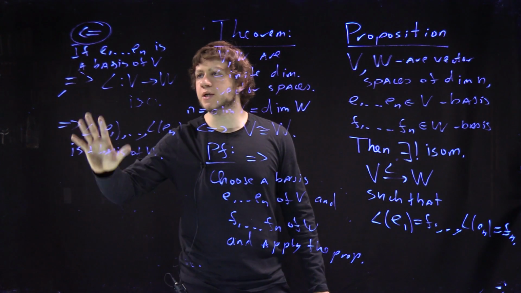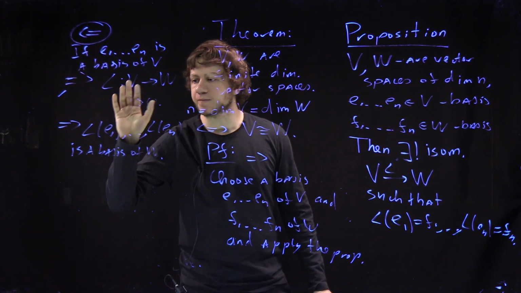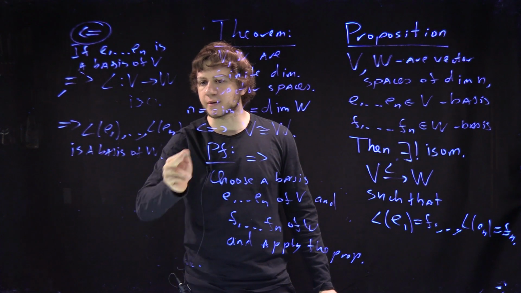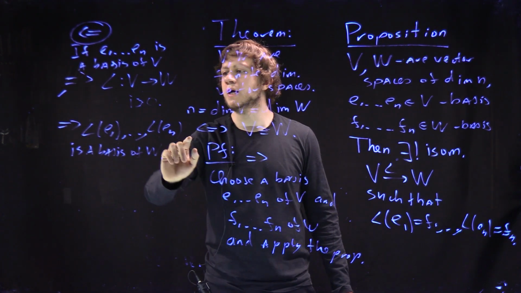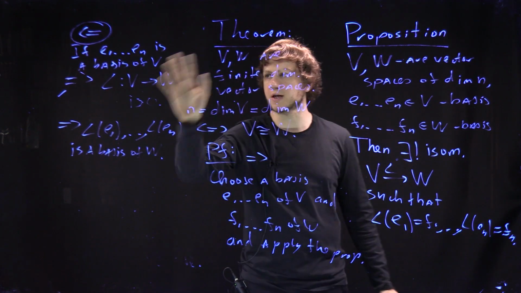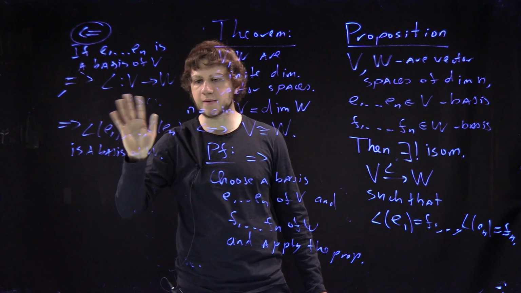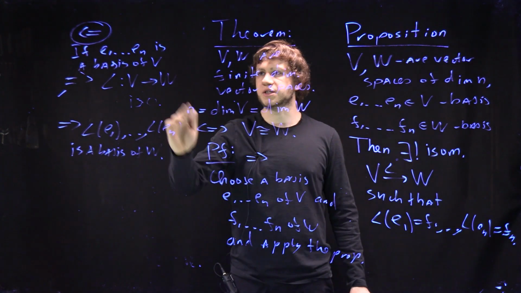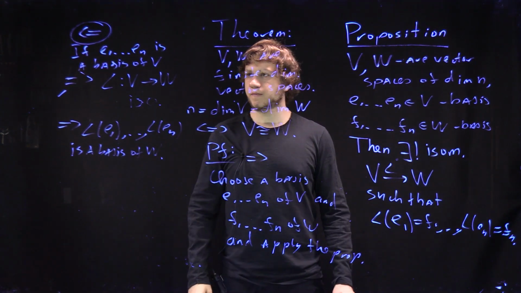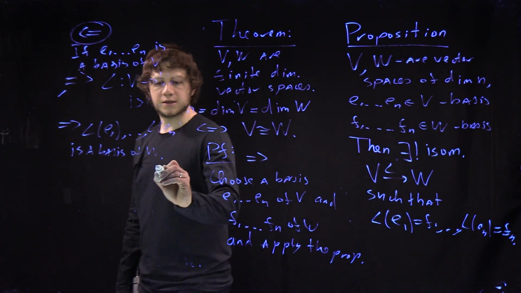Just suppose there is a linear combination of these vectors which equals 0, then the corresponding linear combination lies in the kernel. The kernel is 0 because it's an isomorphism, so the combination was 0. And similarly for the image. So that's the proof of the statement, and this proves the theorem, which was the main theorem of this section.